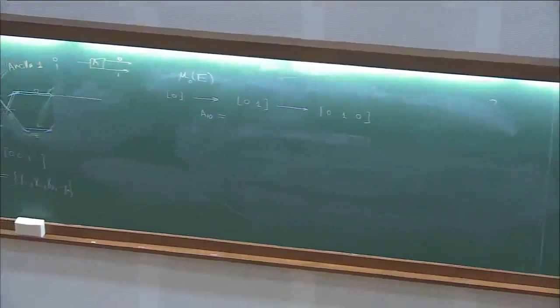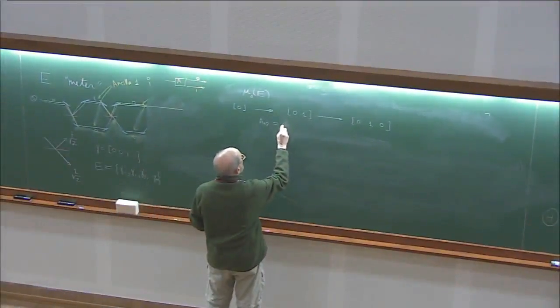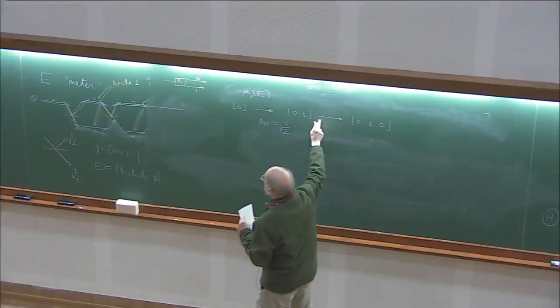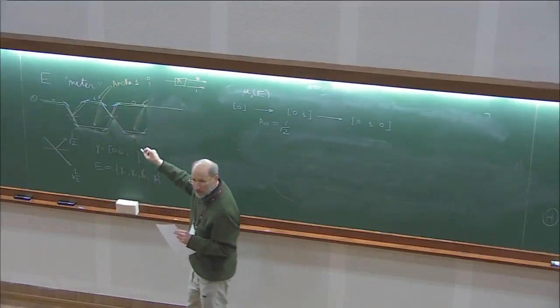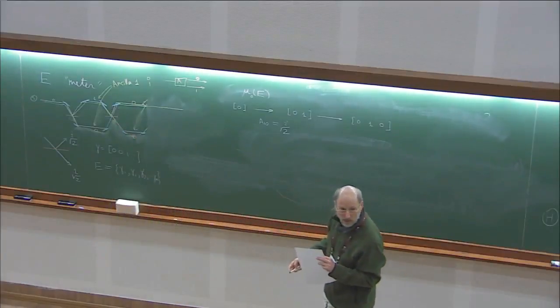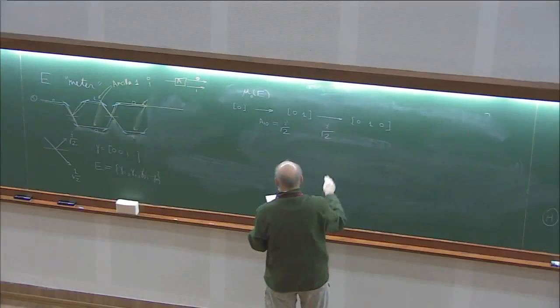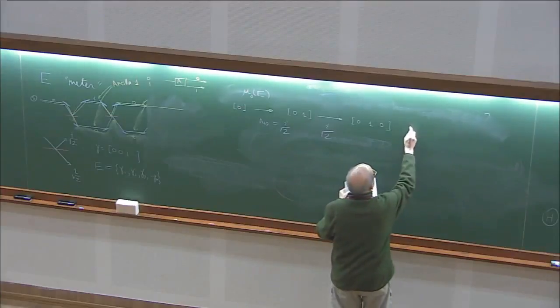We said that the amplitude with reflection is i over the square root of 2. Now it goes on here. That was the second beam splitter. Again, in this particular case, it was reflected and not transmitted, so we pick up another amplitude of i over the square root of 2.